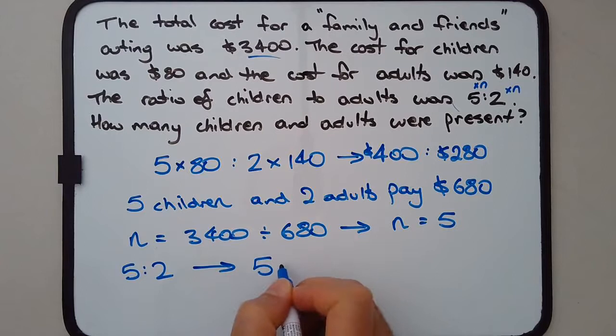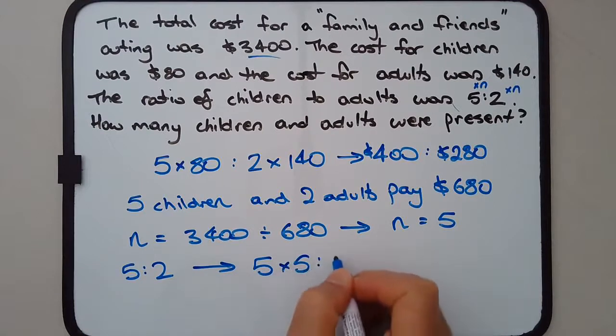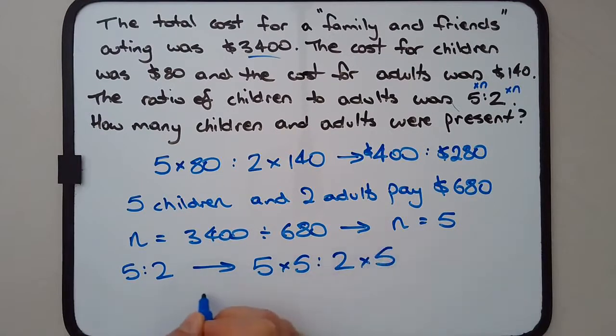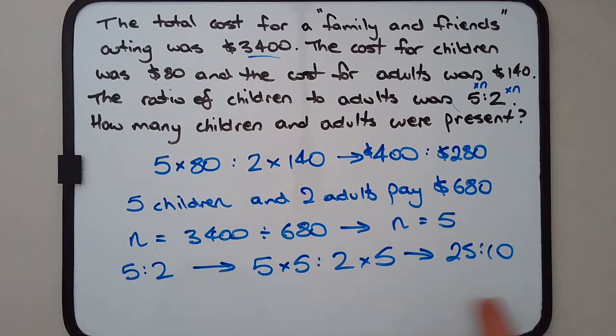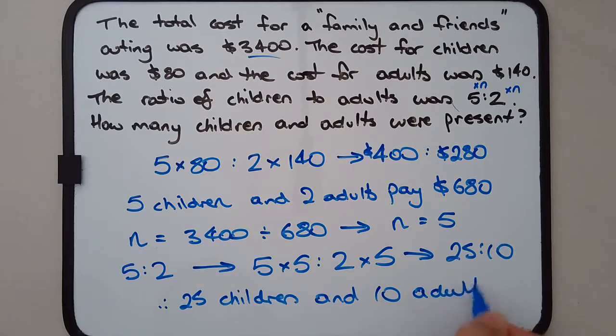So 5 times 5 to 2 times 5, and this is the ratio 25 to 10. So in actual fact there were 35 people, therefore 25 children and 10 adults were present in this outing.